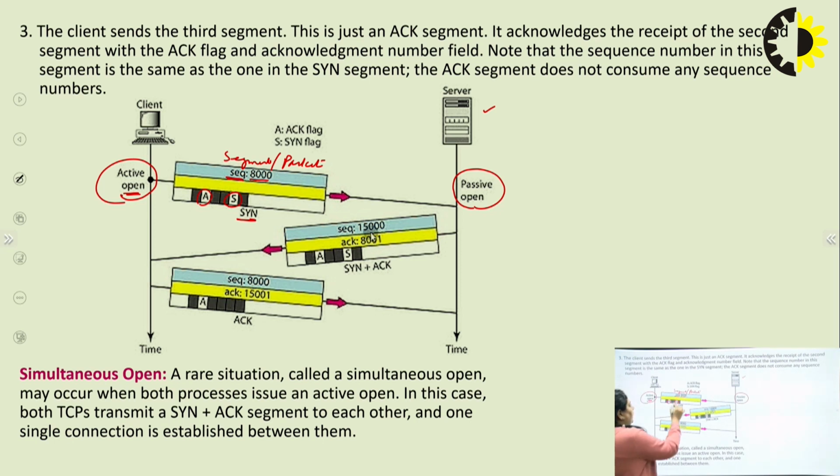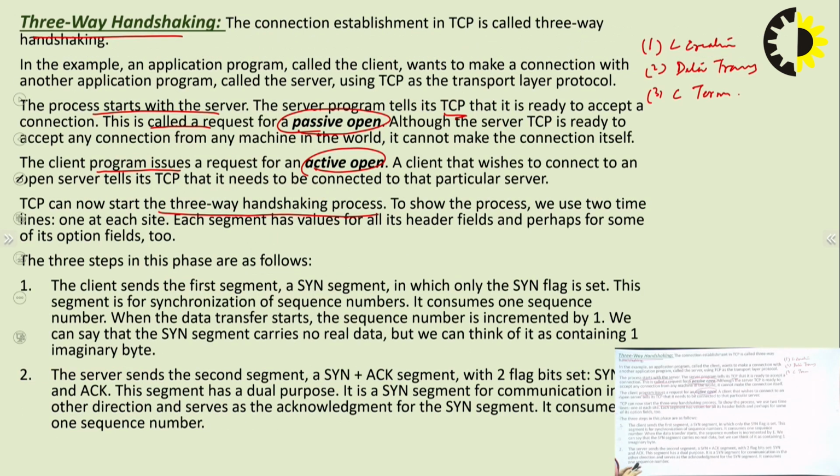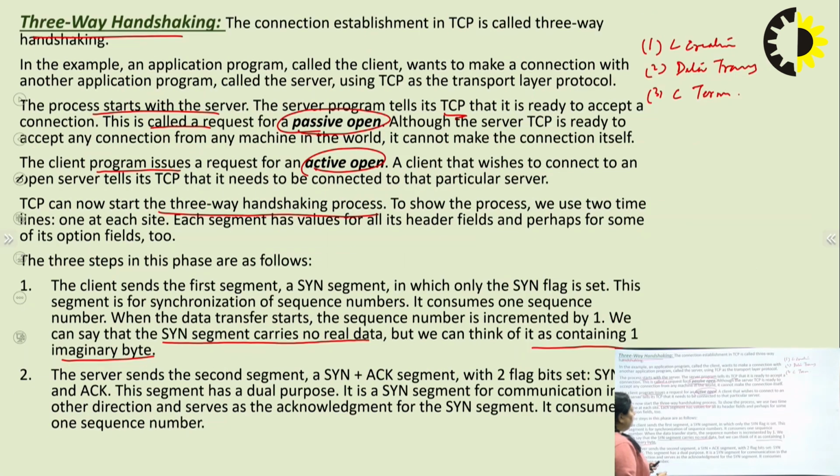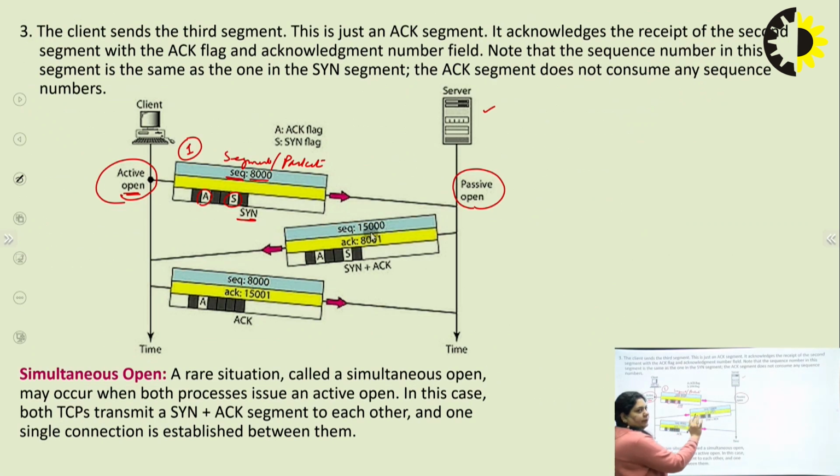An imaginary byte is to be sent here. We do not have any data here, but we can say that a synchronization segment carries no real data, yet we can think of it as containing one imaginary byte, not actual data. So it is sending the packet.